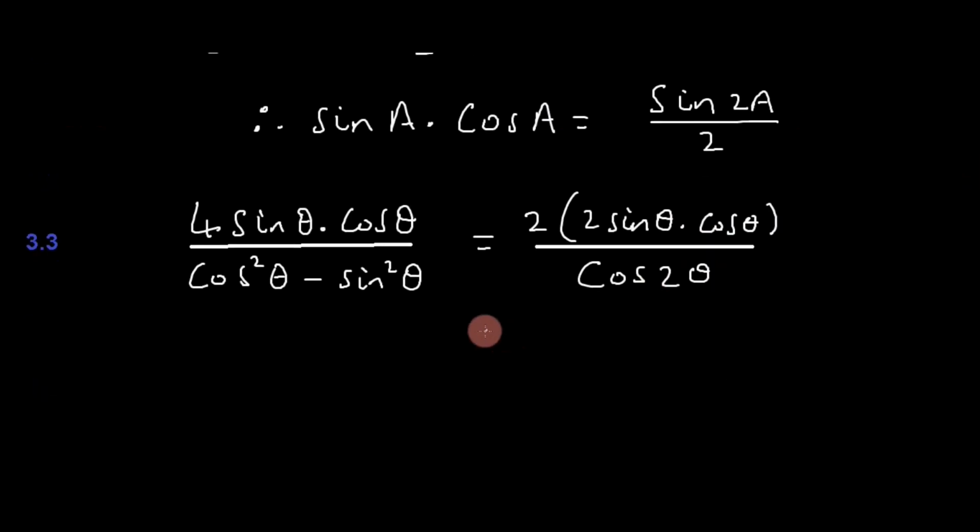So then the top we can rewrite as we said twice sine theta times cos theta is basically sine 2 theta. Then in the denominator we have cos 2 theta.